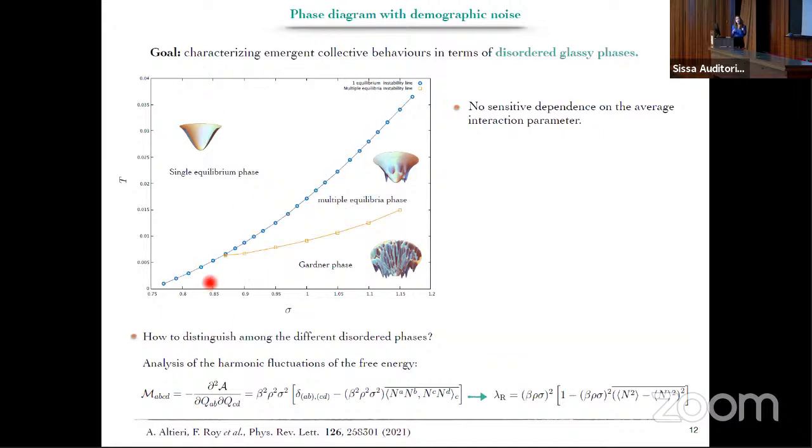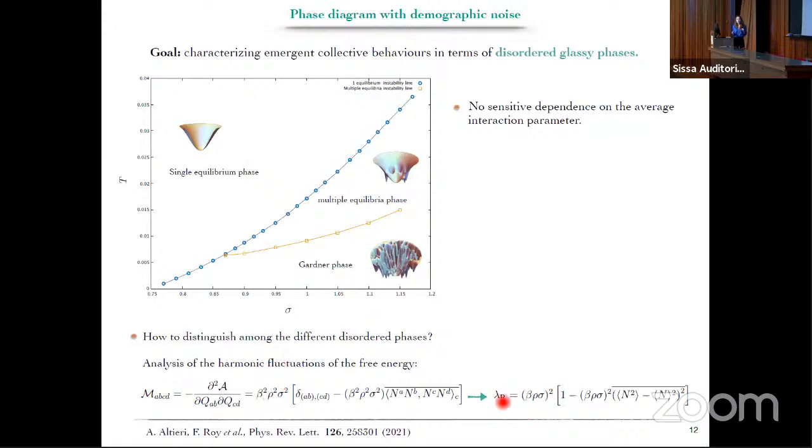So to obtain this phase diagram, I basically look at the stability properties. So I compute the matrix of the second derivative of the free energy with respect to the order parameter of the model, with respect to the overlap, Q_ab and Q_cd. And I properly diagonalize this matrix on a suitable subspace, which is called replicon in replica jargon.